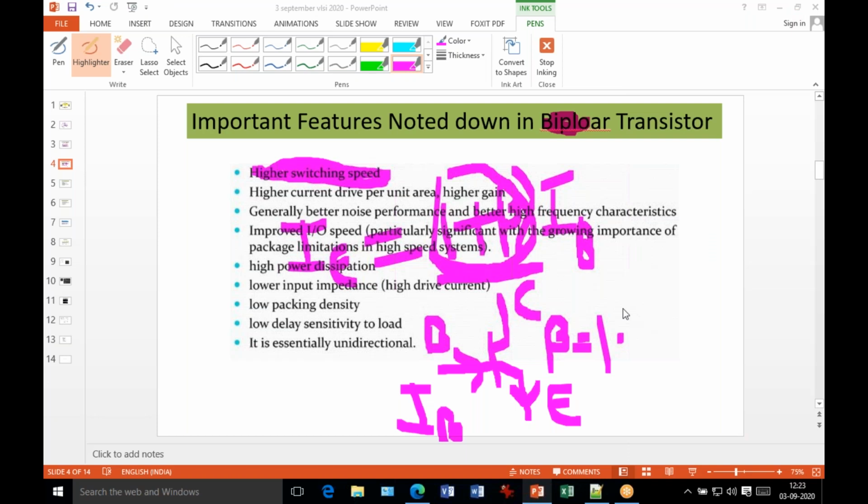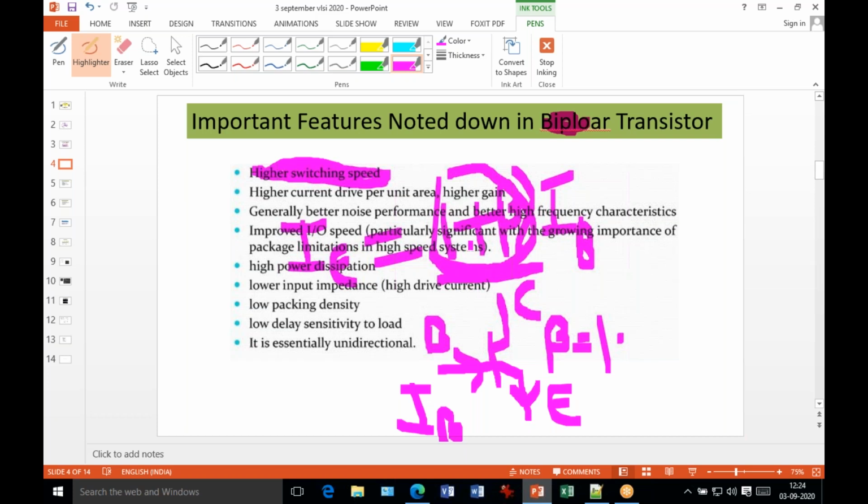This term is 101, and this parameter is very high because the beta of the transistor is very high. Here the beta value is 100.